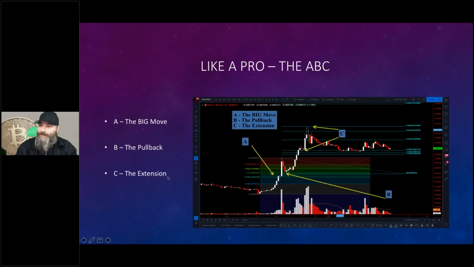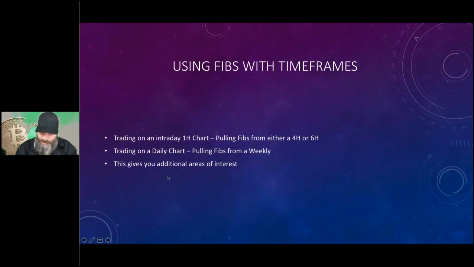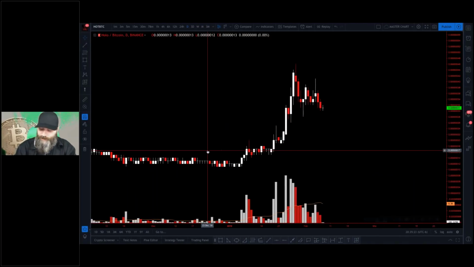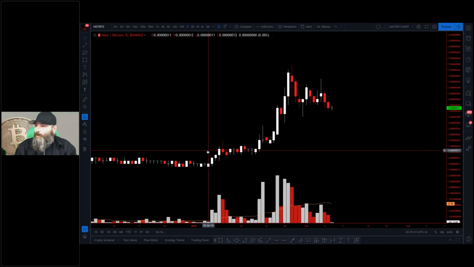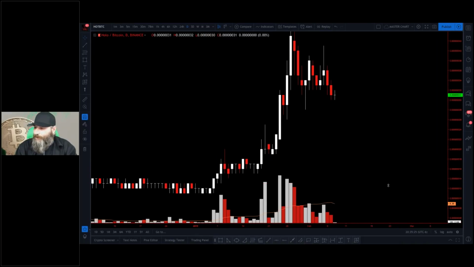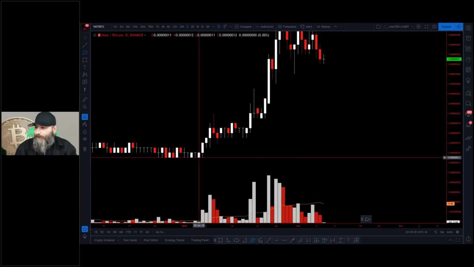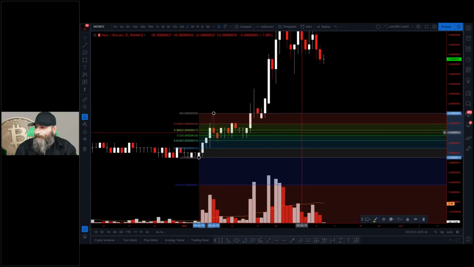Now we're going to talk about the extension. So as far as extensions are concerned, we had the example here. We'll just stay on this chart. This was our retracement right here. And let's say we tag that order at the 0.618.